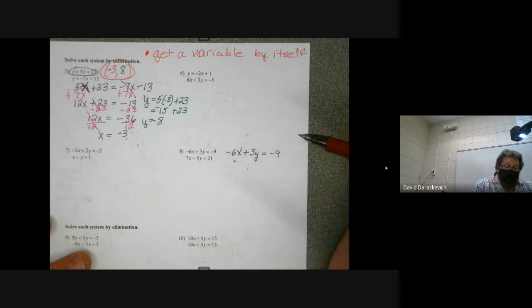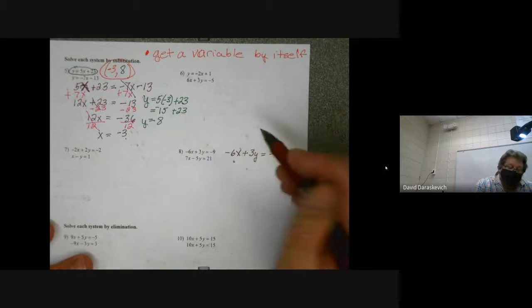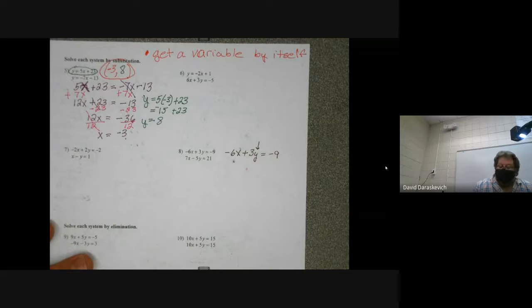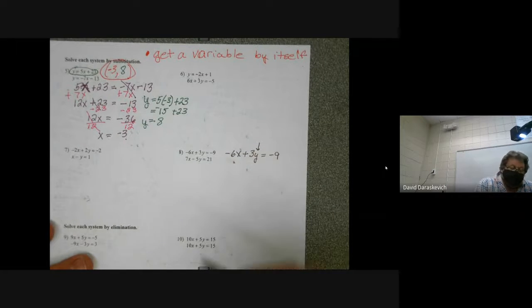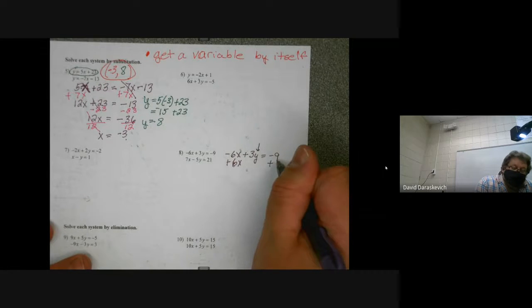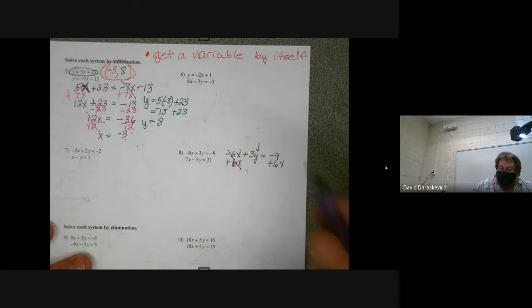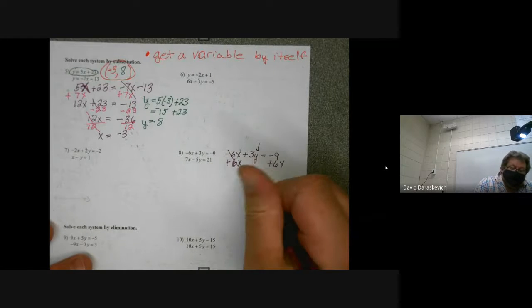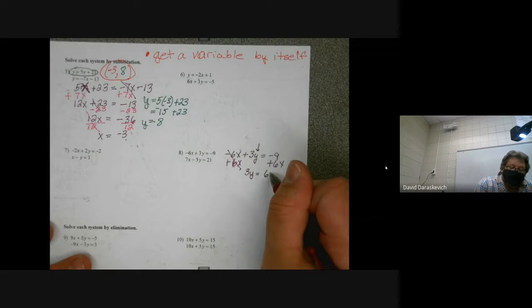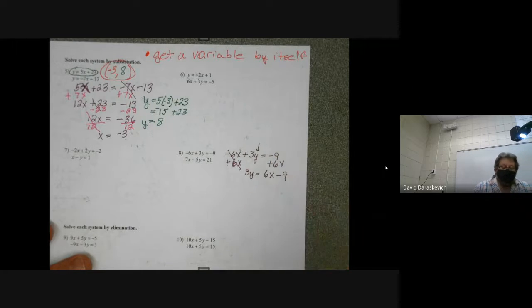And the variable I want to isolate, I want to isolate the y. So I'm going to add 6x to both sides. I get +3y equals 6x minus 9.